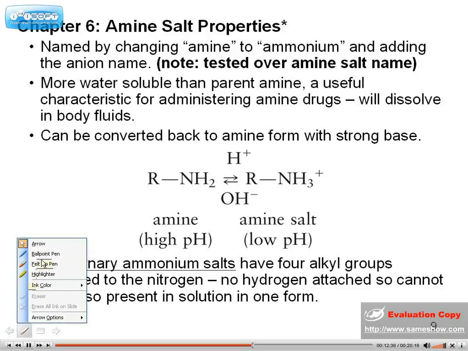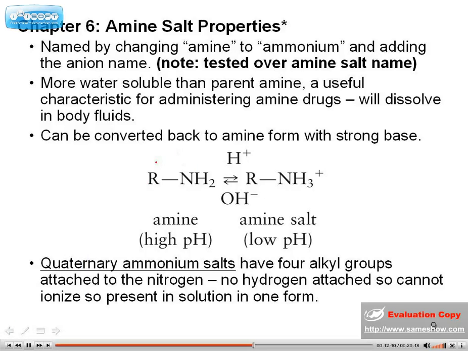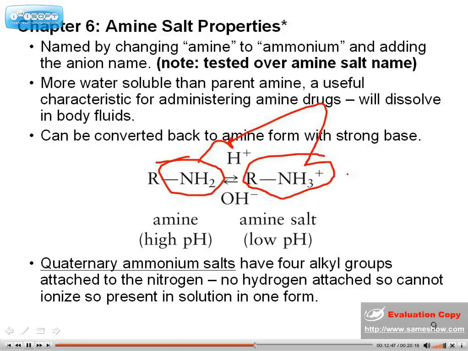So let me say that one more time. Here we have the amine. If I were to add in an acid, it would force it into its ammonium state. Keep in mind, when it's in its ammonium state, it becomes really ionic, and it becomes highly, highly soluble.